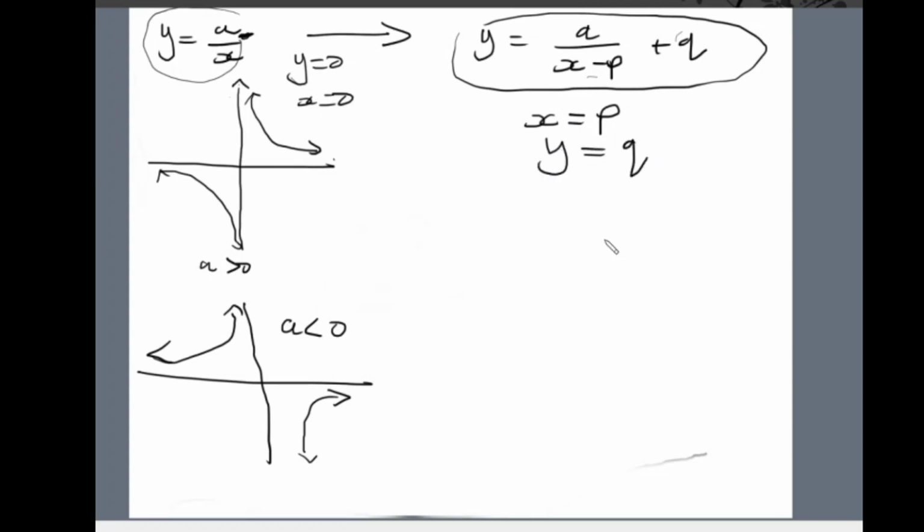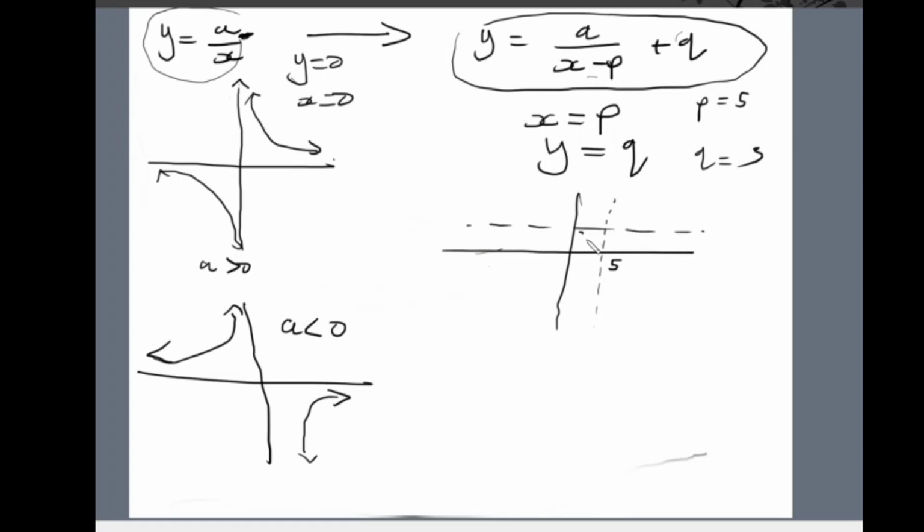And then in this form, let's say p is equal to 5 and q is equal to 3. Then your vertical asymptote will be at x equals 5. Let's say this is 5, and your horizontal asymptote will be y equals 3.